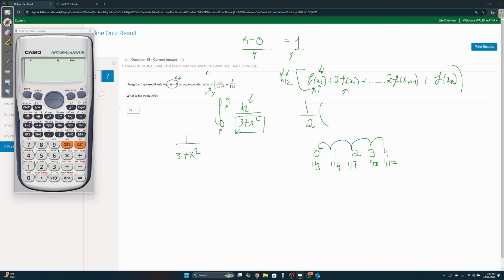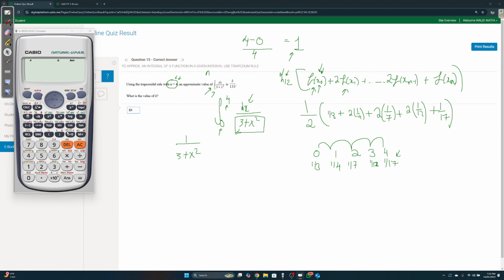Now you have f of x0, f of x1, whatever. It's very easy. f of x0, so 1 over 3, plus 2 f of x1, so 2 times 1 over 4, plus 2 times 1 over 7, plus 2 times 1 over 12. We're on the last number now, so you can't multiply by 2 anymore, and you close. Put this all on your calculator.